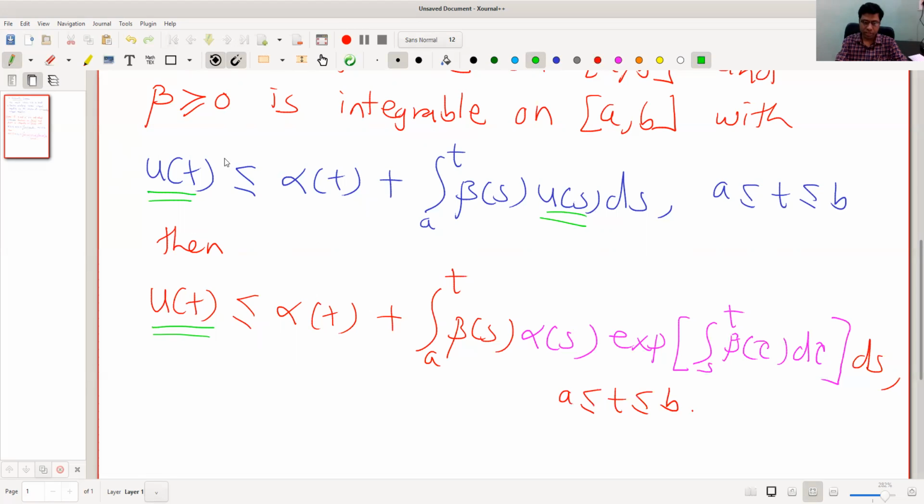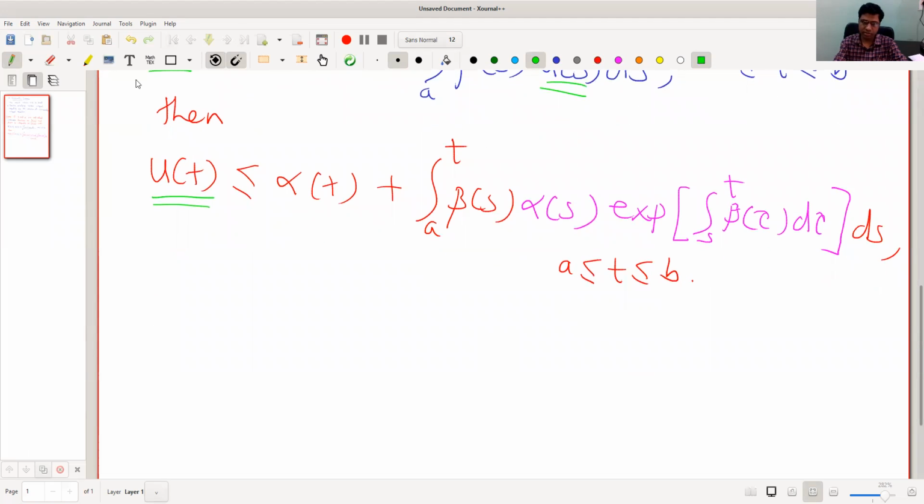So using this inequality, we can find bound on u of t. So this is importance of Gronwall lemma. So given thing is u of t is less equal alpha of t plus integral from a to t beta of s u of s ds, and here bound is of this form: u of t is less equal alpha of t plus integral from a to t beta of s alpha of s e raised to integral beta. Let us prove this inequality.